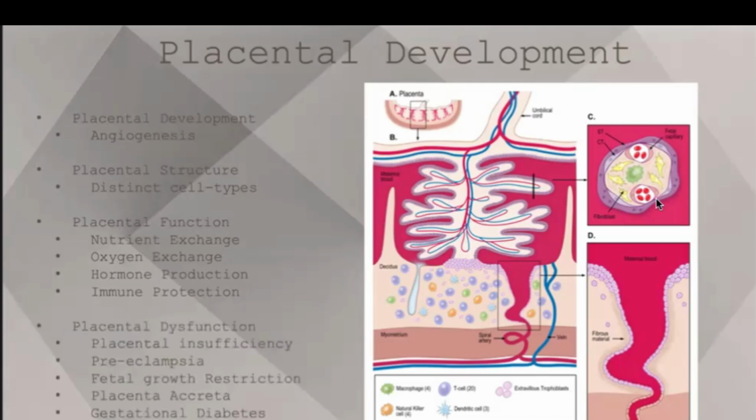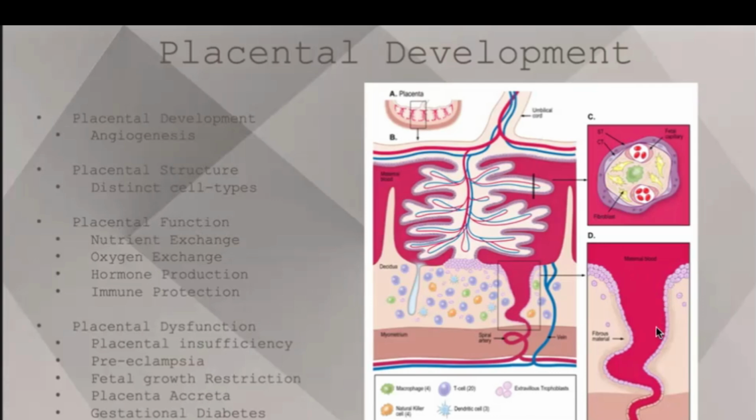So there are different cell types of the placenta, and any error during development or gestation of pregnancy can impact the placenta and cause placental insufficiency. There's also things such as preeclampsia, which involves constriction of the maternal blood vessel.